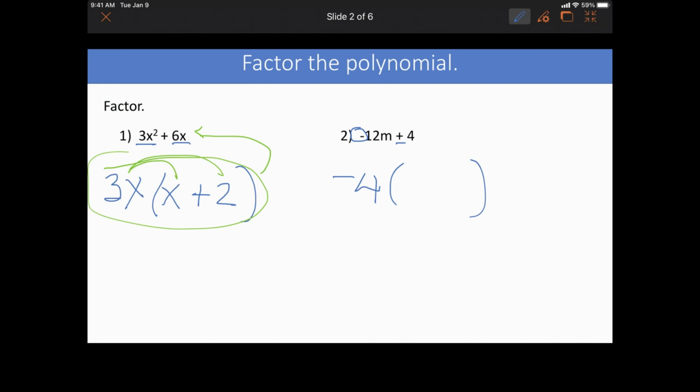So negative 4 goes into negative 12 positive 3 times with the m. Negative 4 goes into 4 negative 1 time, right? 4 divided by negative 4 is negative 1. The reason we want this term to be positive is that when we're grouping, it's weird to have that negative in front. So we want it always to be positive.